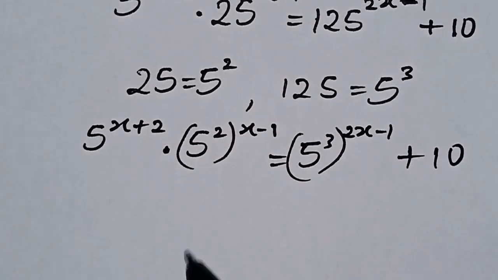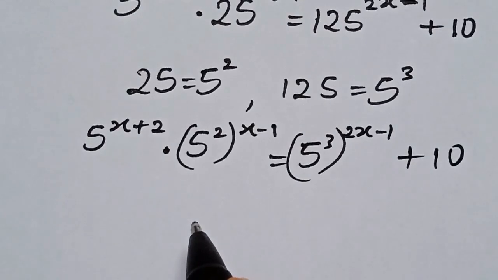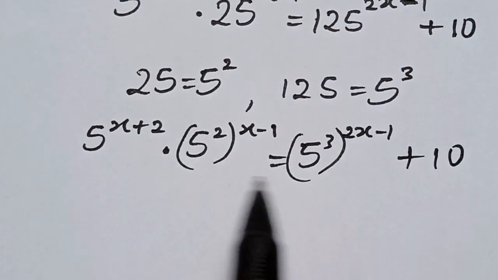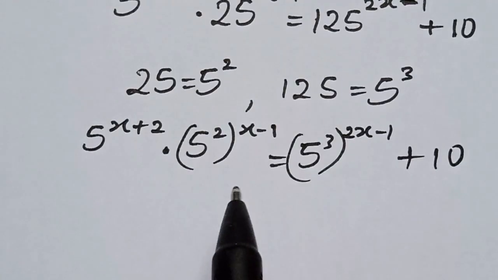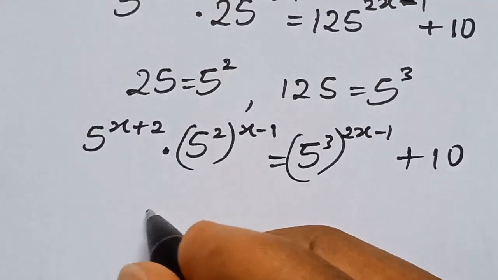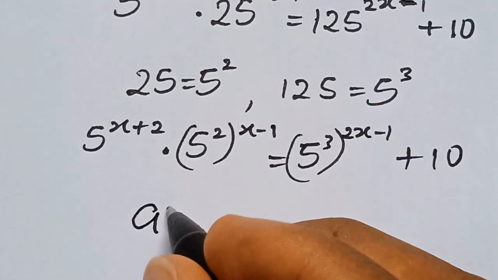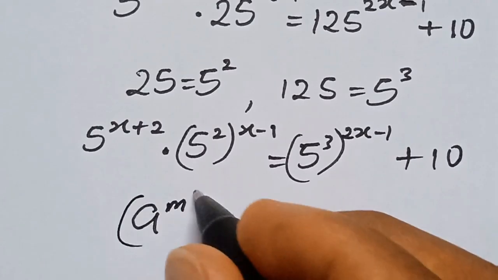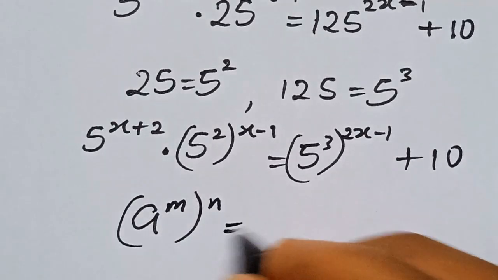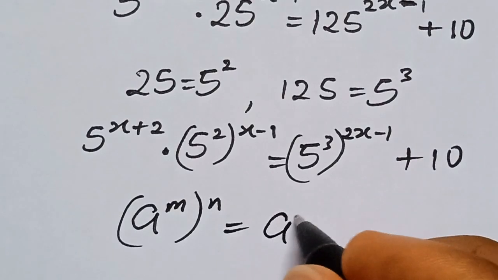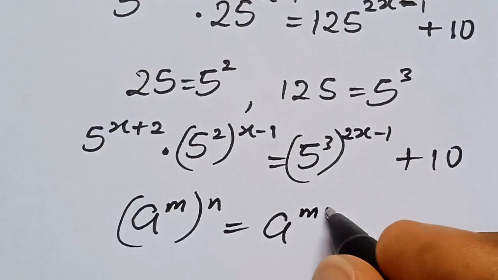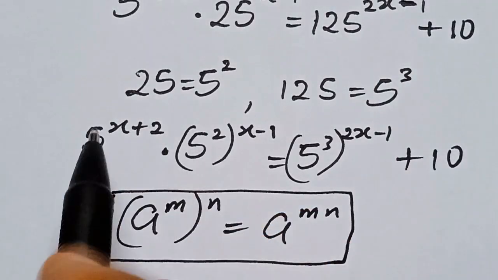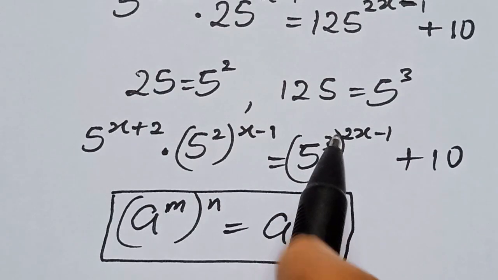Okay, from here, what we need to do next is to consider the simplification of the power using the power rule. With this identity, a^m into bracket power n can be written as a^(mn). Using this identity, we use it to simplify the exponents.